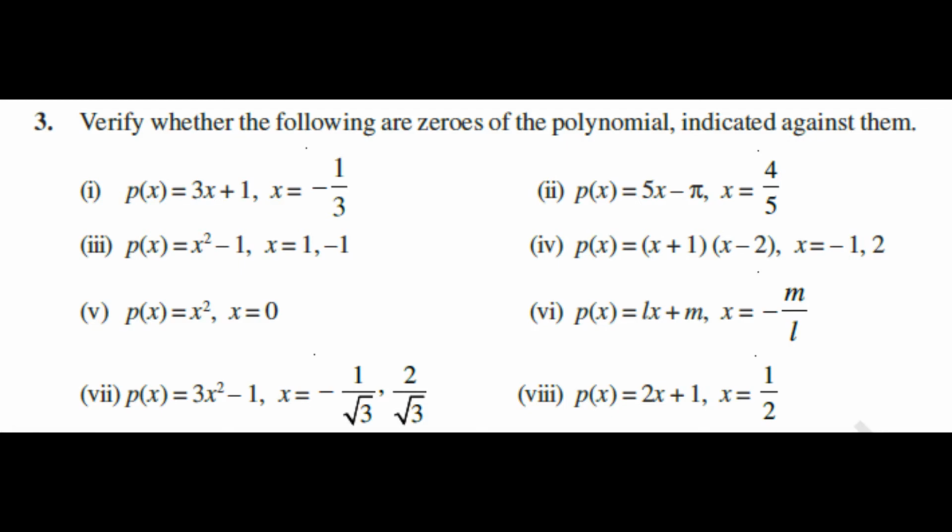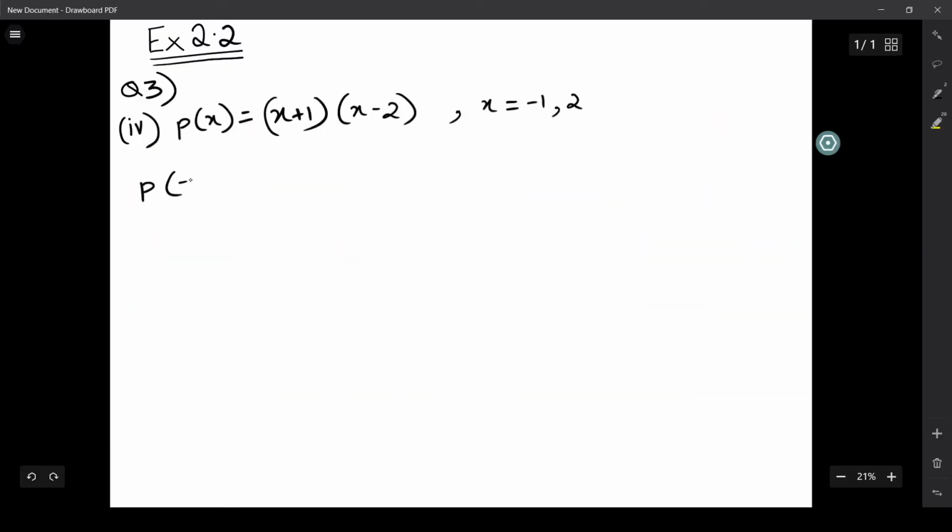The fourth part has the polynomial p of x equals to x plus 1 whole into x minus 2. And the given values of x that we need to verify is x equal to minus 1 and x equal to 2. So at first, we'll check for x equal to minus 1. This gives us minus 1 plus 1 into minus 1 minus 2.